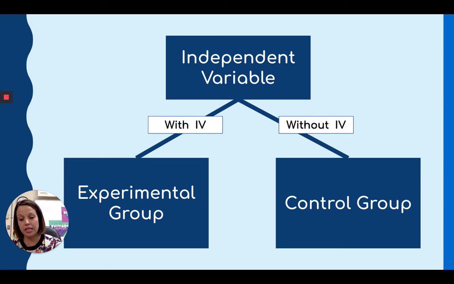Now you might be asking yourself at this point, Miss Mandrich, why do we need a control group? Well, let's think about it. All of these superstitions. Let's say that I eat an apple every day and I never have to go to the doctor. But what if I'm just really healthy? What if I have other healthy habits like going for walks, taking my vitamins, drinking lots of water?